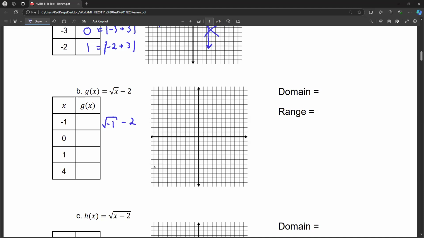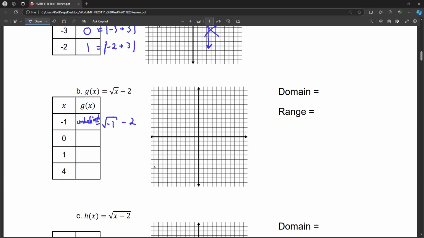And so this might feel a little weird, and that's because if we were just plugging in -1, our calculator would tell us this is undefined, right? We can't take the square root of a negative number. So thus, this will be undefined or does not exist. We're trying to fit undefined here, right? Because we can't take the square root of a negative.